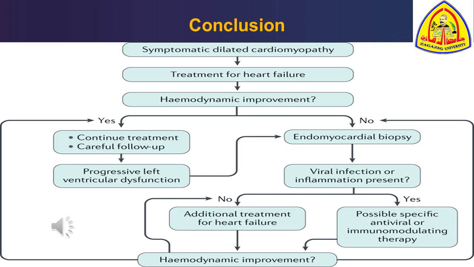We will start by giving our patient treatment for heart failure. If there is hemodynamic improvement, we continue medical treatment with careful follow-up. If there is no improvement of hemodynamics or progressive left ventricular dysfunction, we will send our patient for endomyocardial biopsy.